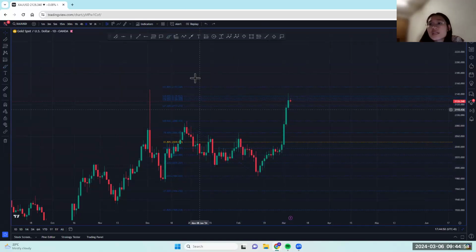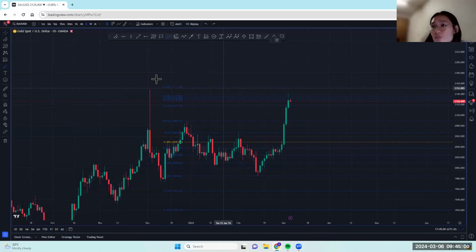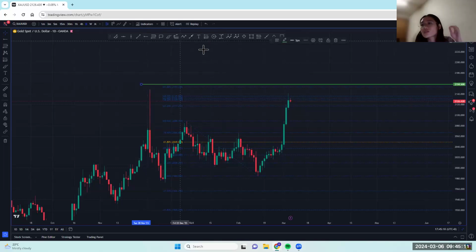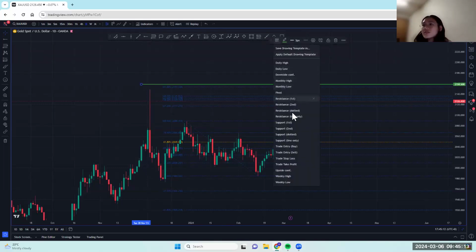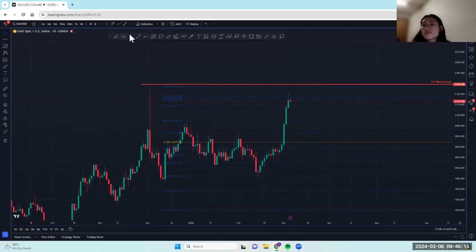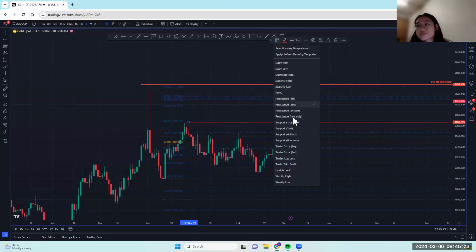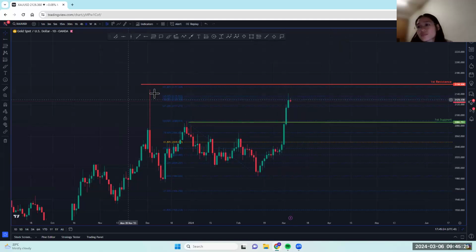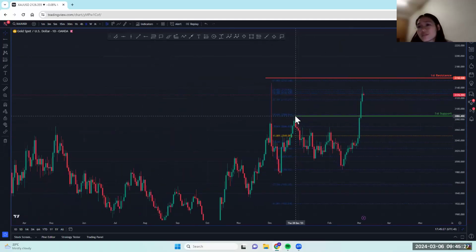I can see that price is approaching my 161.8 level, so I'm going to place a resistance level over there. This is my first resistance. My first support, I'm just going to place it here at that swing high.